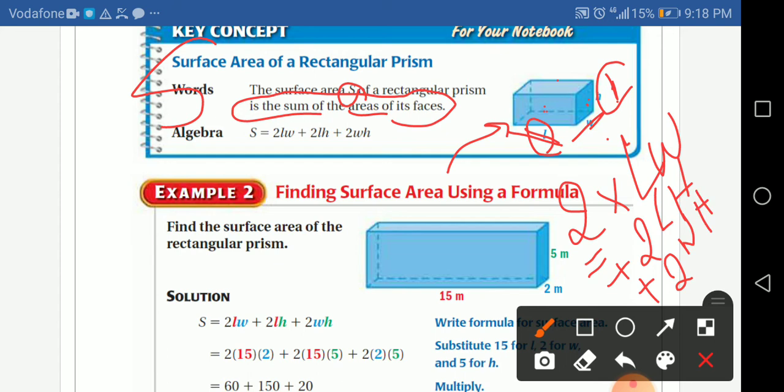So I'm going to say L for length, W for width, H for height.